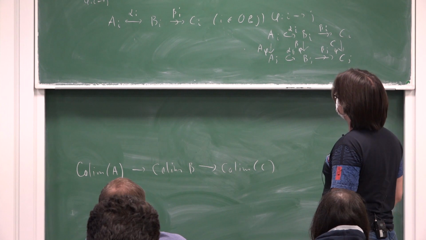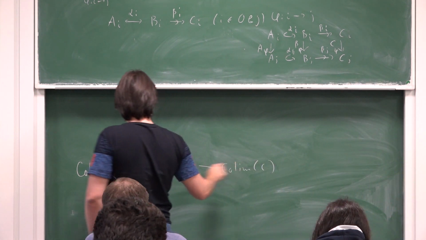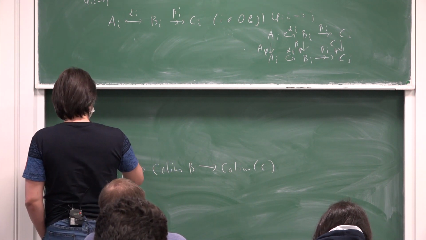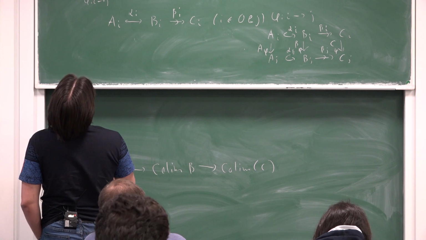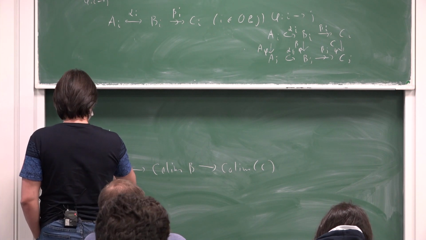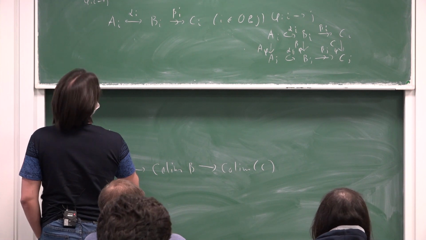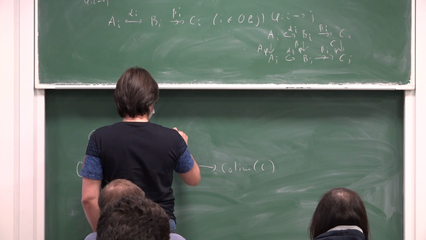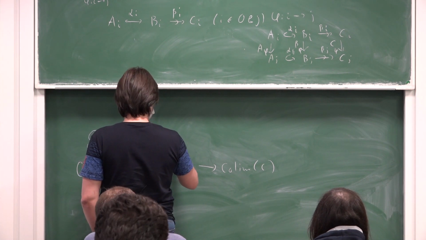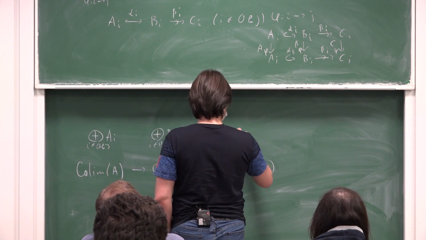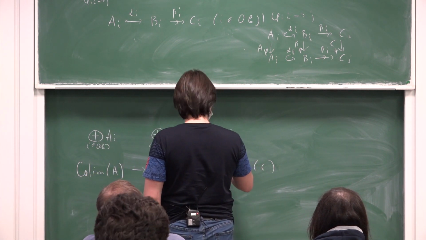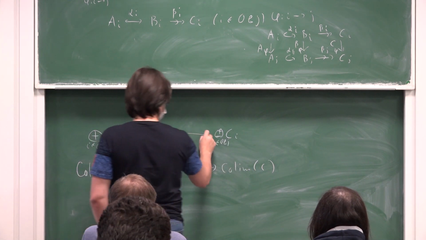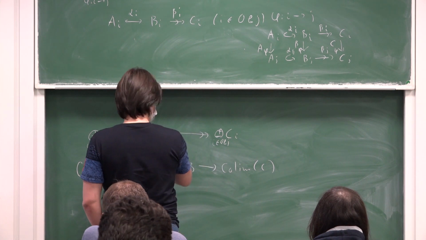And now you can put the sequence in the following commutative diagram. Sum of A_i for i from op J, here some B_i for i from op J, some C_i from op J. Here you have, of course, a short exact sequence.